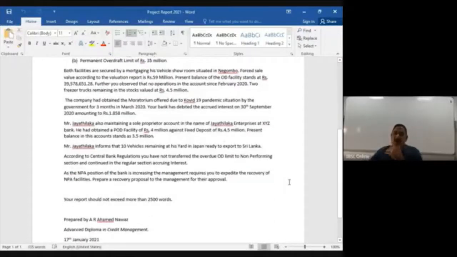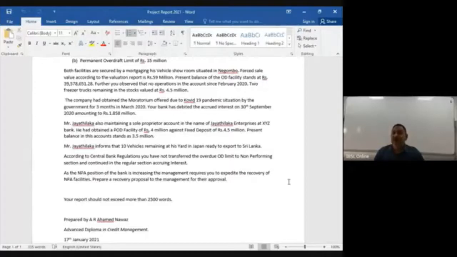So the customer obtained that facility, and your bank debited the accrued interest on 30th September 2020 amounting to rupees 1.8 million. So the accrued interest of about 1.8 million has been debited to the account after the moratorium was over.